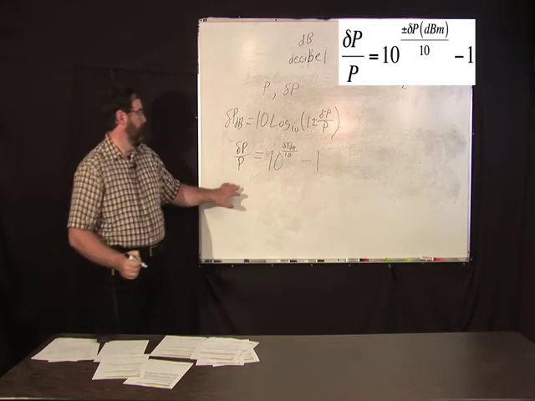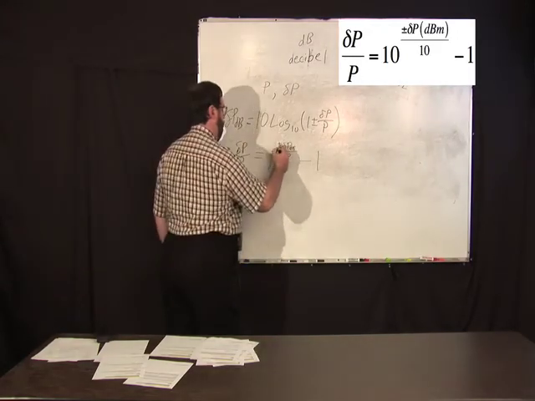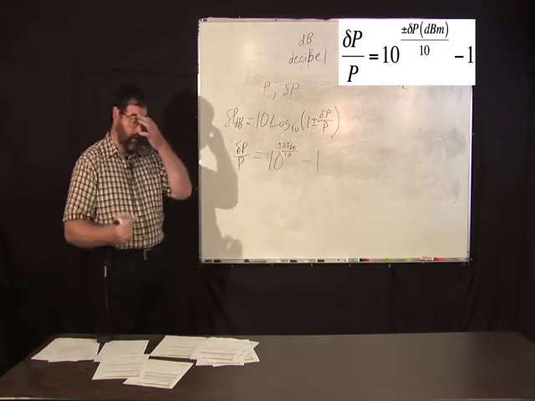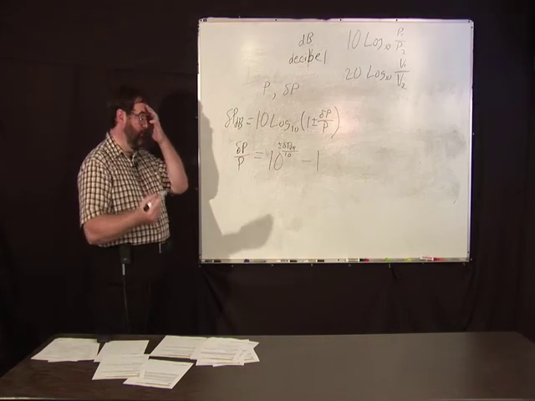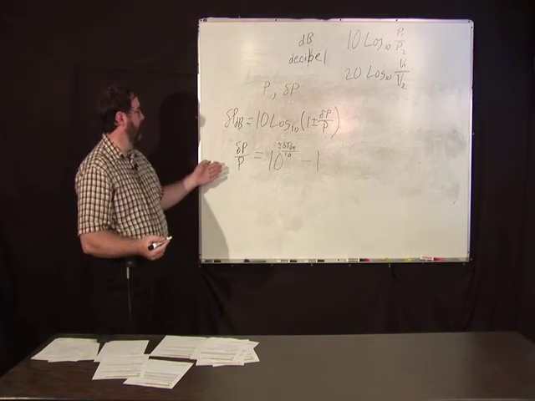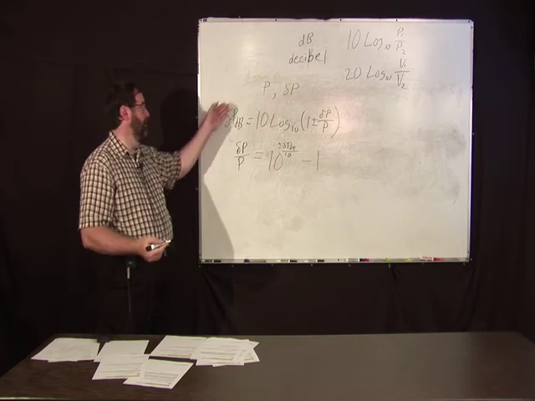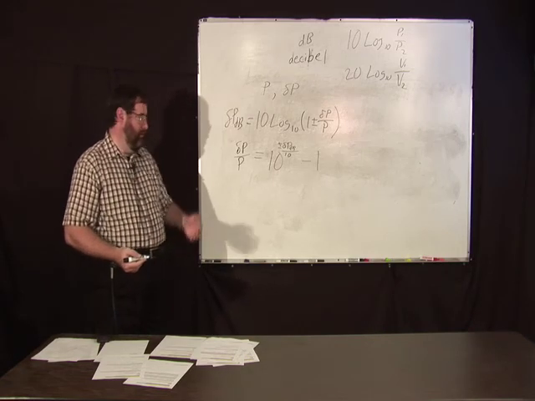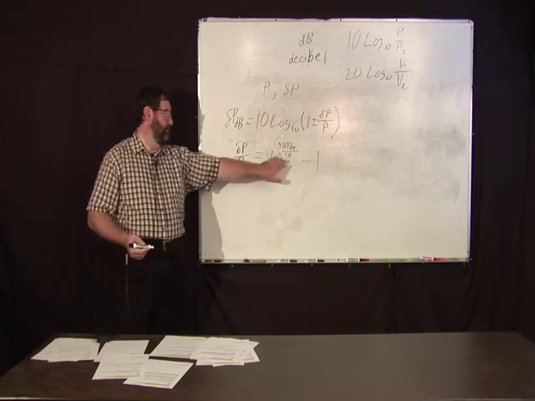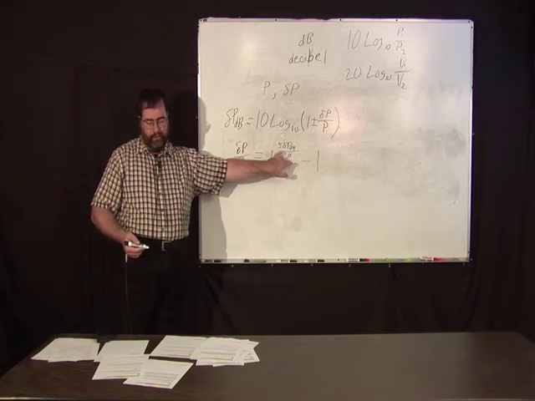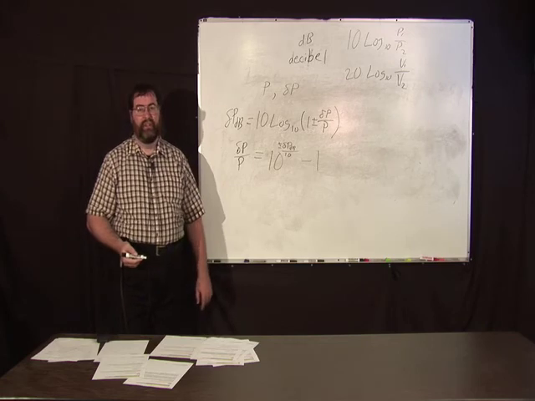Okay, and this is plus or minus. So now you can convert uncertainties of your measurement from either uncertainties in dB or uncertainty in watts. You can do something similar for voltage. You just change this from 10 to a 20 for voltage.